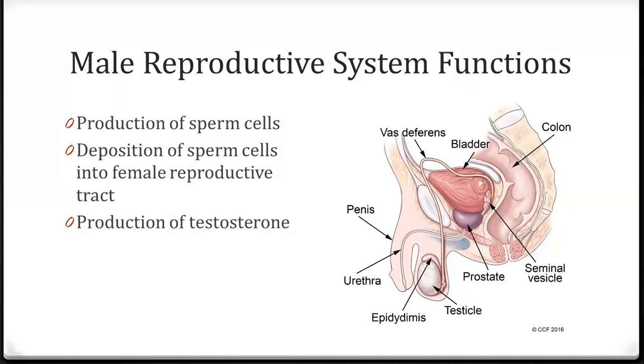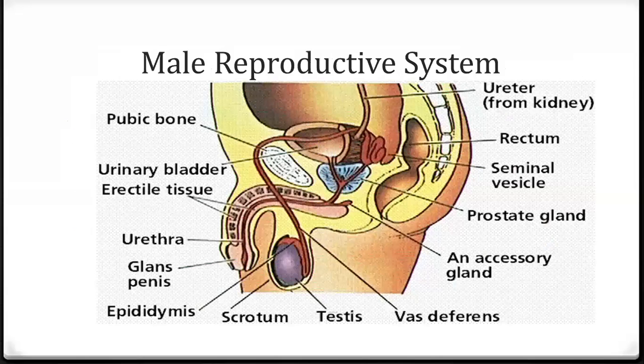Okay, so we're going to start with the male reproductive system. The functions of this system are producing sperm cells, depositing sperm cells into the female reproductive tract, and producing testosterone. Okay, so please fill in the boxes on this diagram in your notes.